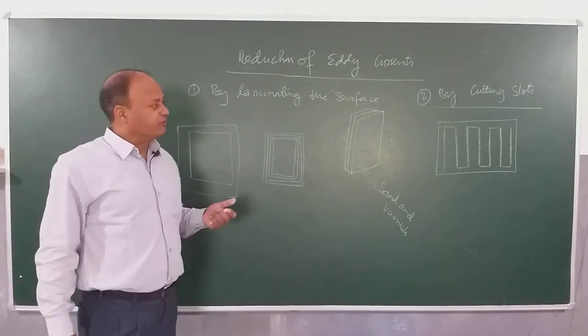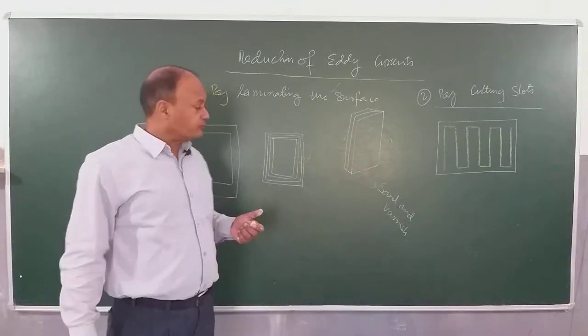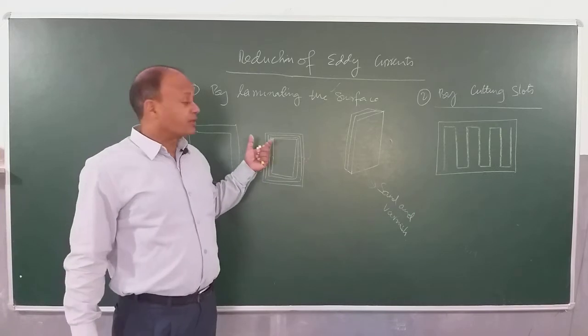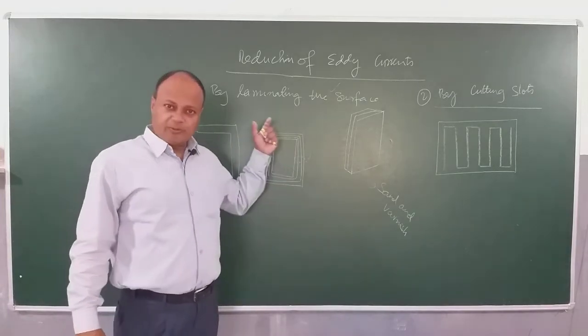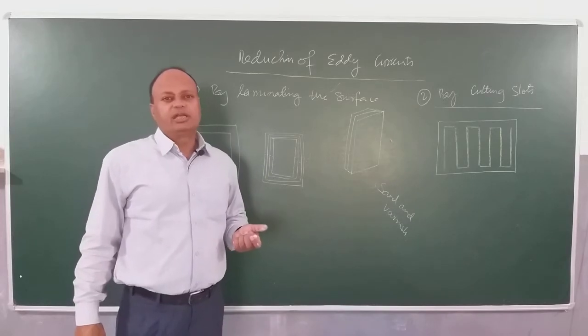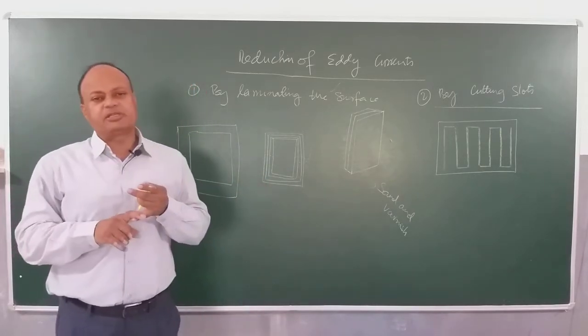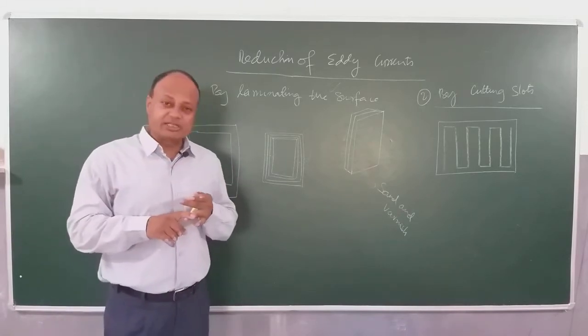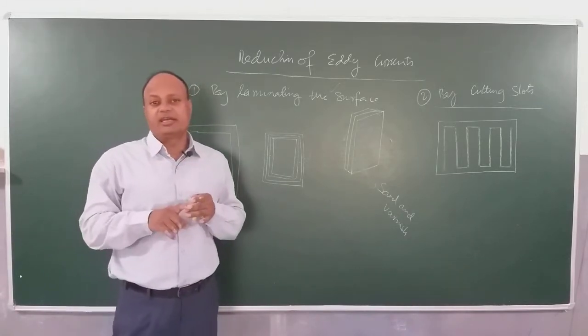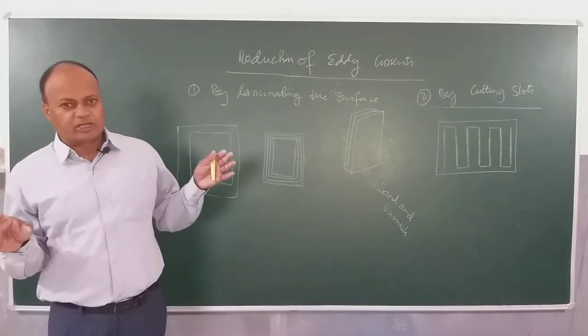Okay. Now once you have understood how we can reduce them, we will see what the applications are. We have already done this, but again I will write them in a nutshell so that you can know what the applications of eddy currents are. Eddy currents are highly unwanted because of their wear and tear property and heating effect. These two are major effects. Wear and tear is tolerable, but the heating effect and damping are not tolerable.